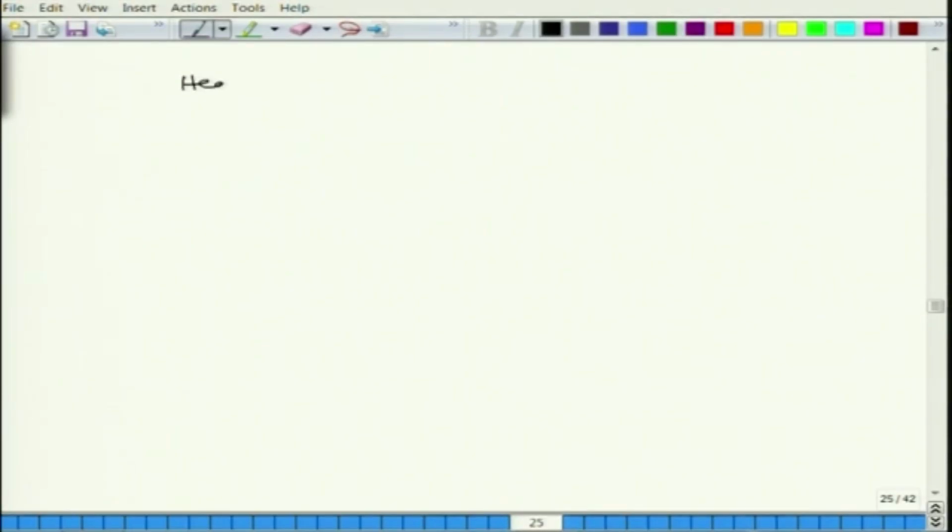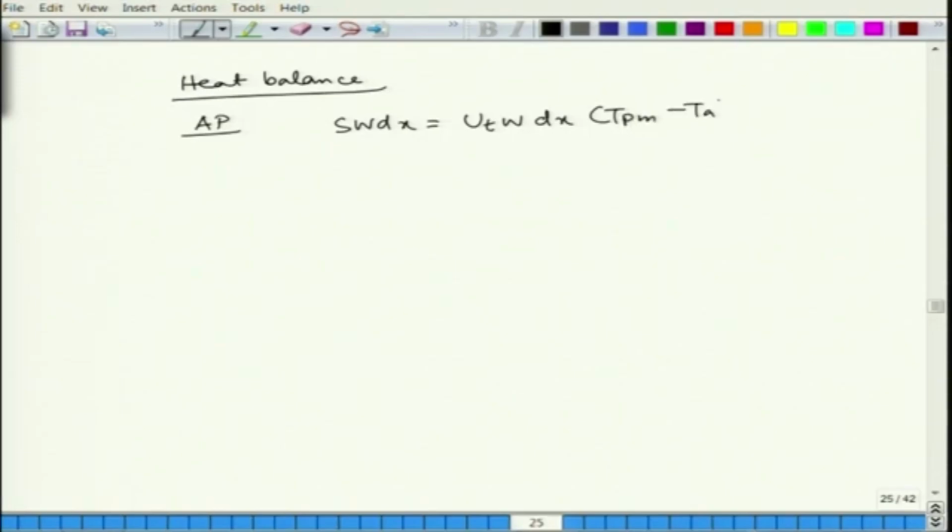So, the heat balance first for the absorber plate, which is S W dx is equal to UT multiplied by W dx (Tpm minus Ta) plus HFP W dx (Tpm minus Tf) plus 2 Lf dx phi f, and what phi f is we will soon tell.